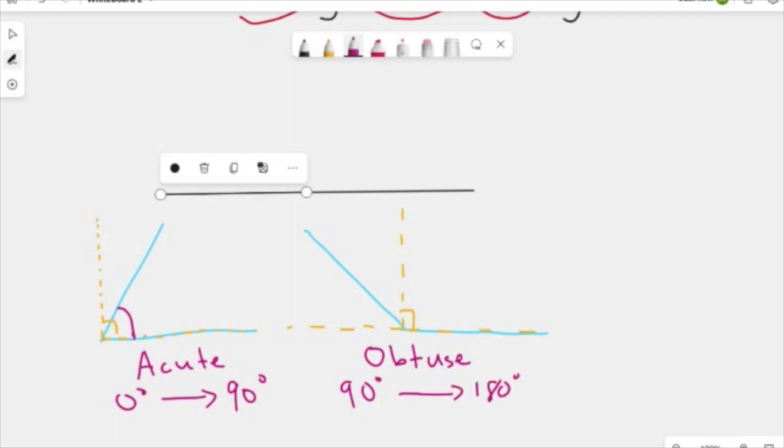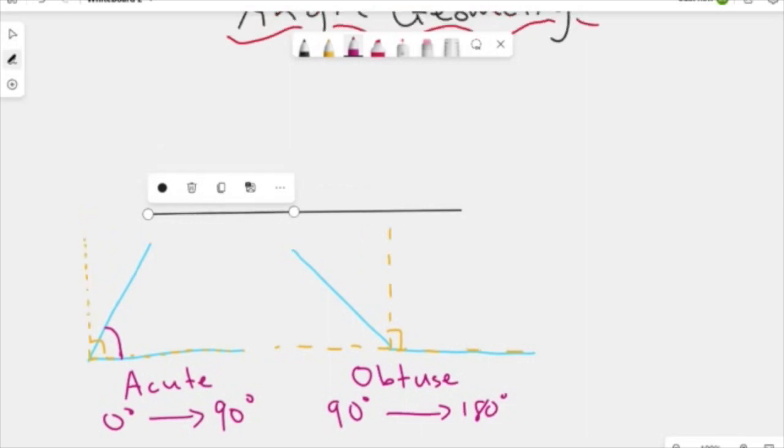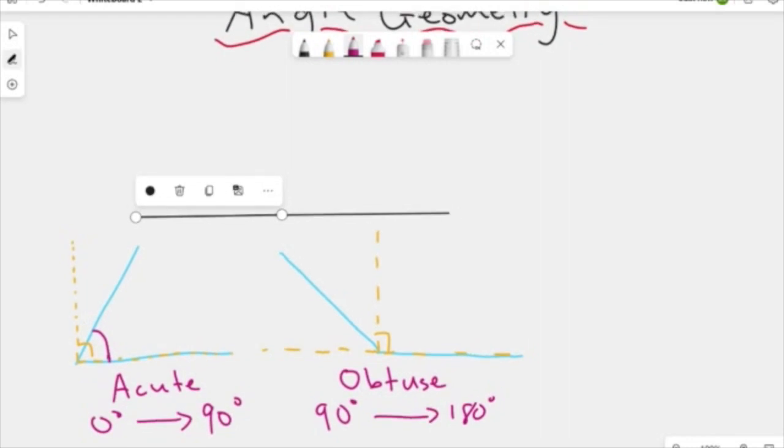All right. So we've got one more key one that we'll talk about here. I've kind of messed myself up with spacing here, but that's all right. Remember when we talked about it, when I go past 180, my angle size increases all the way up to 360.